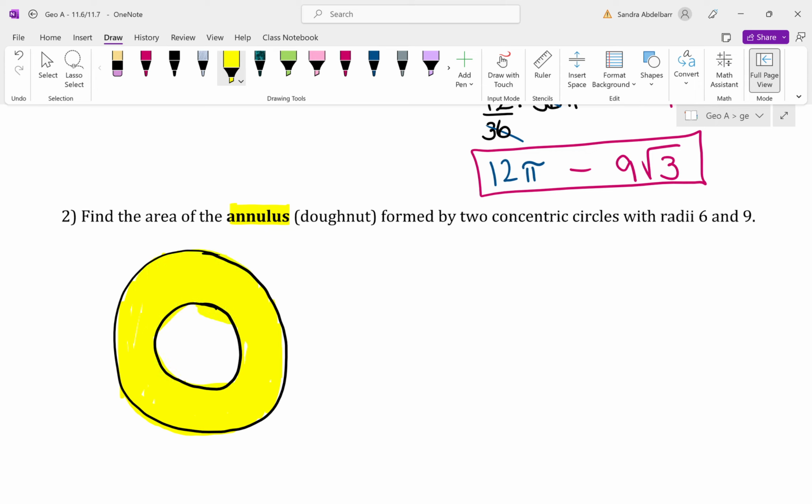Okay, so we want to find the annulus, which is the yellow shaded area. And it says one circle has the radius of 6 and the other one has a radius of 9. Clearly the smaller circle should have the radius of 6, right? And the larger circle has the radius of 9.